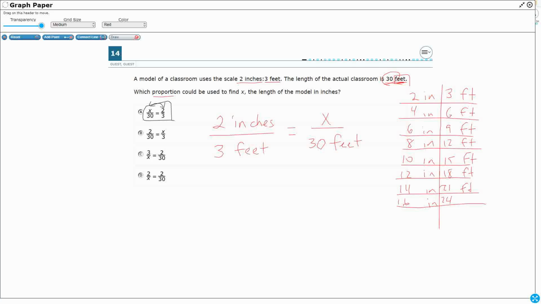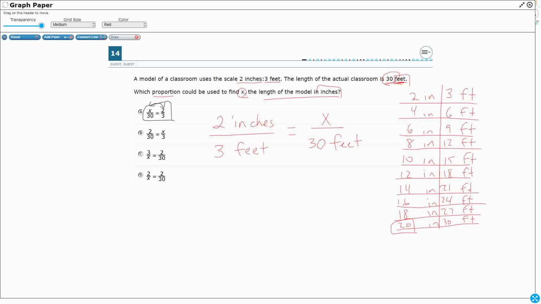We've got 2 inches to 3 feet. So if we get our inches up to 20, then that's going to get us our feet finally up to 30. And so the length of the model would be 20 inches if we were solving for that.